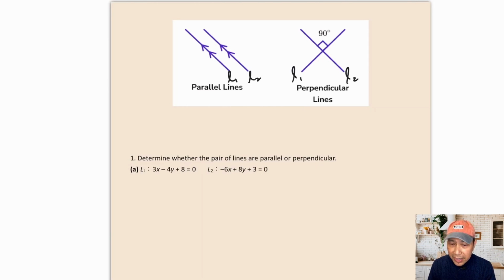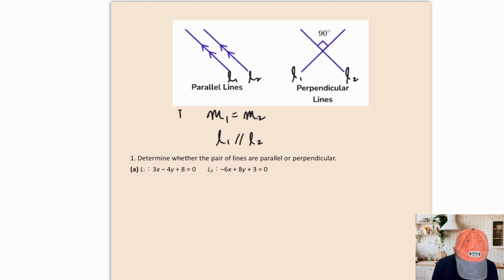If the slopes are equal, that is m1 equals m2, then these two lines are parallel. So if m1 equals m2, then line 1 is parallel to line 2.